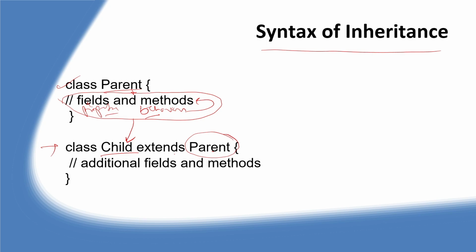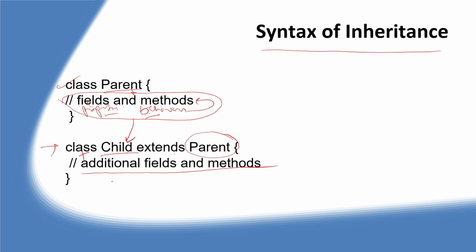We can use them directly. Plus, on top of this, the child class has the properties and behaviors of the parent class, and including these, it has additional fields and methods, additional properties and behaviors of its own. We have seen this in the examples, right?